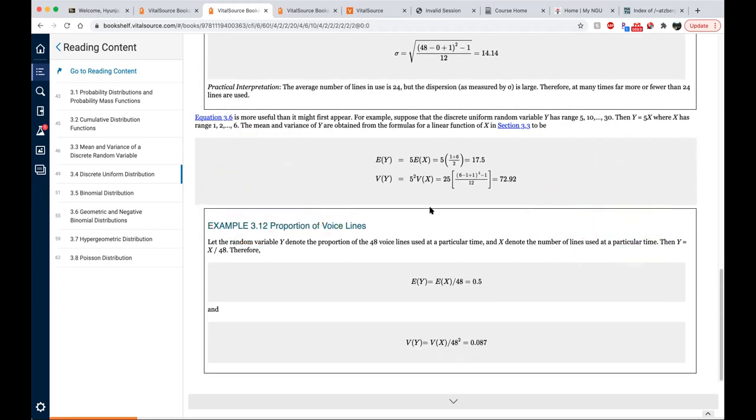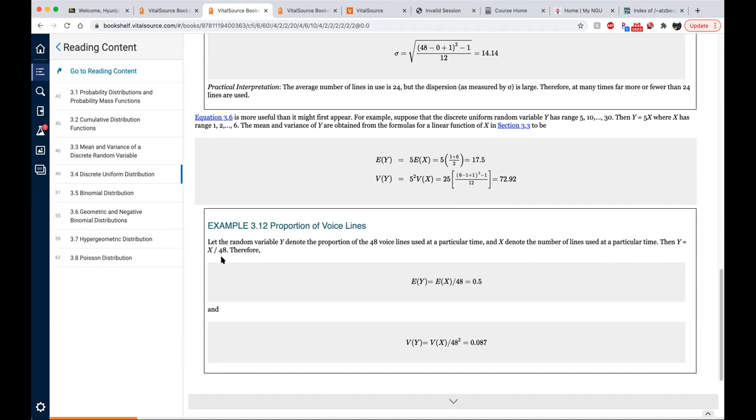Now example 3.12, proportion of voice lines. Let the random variable y denote the proportion of the 48 voice lines used at a particular time, and x denote the number of lines used at a particular time. Then y is equal to x over 48. It makes sense, right?